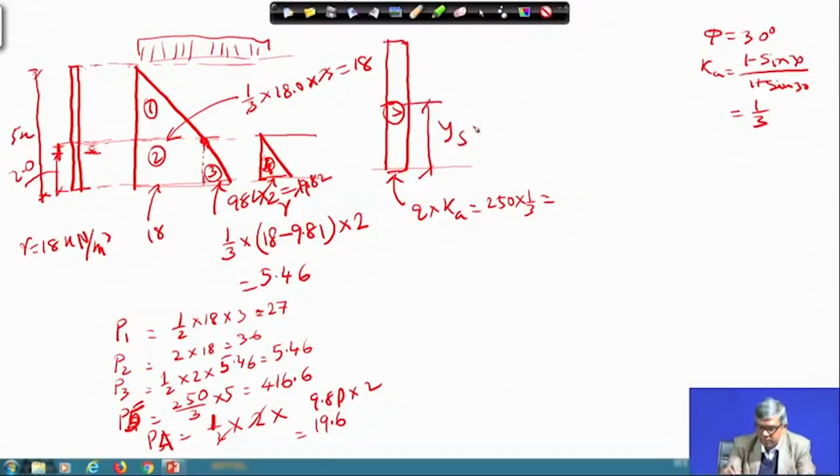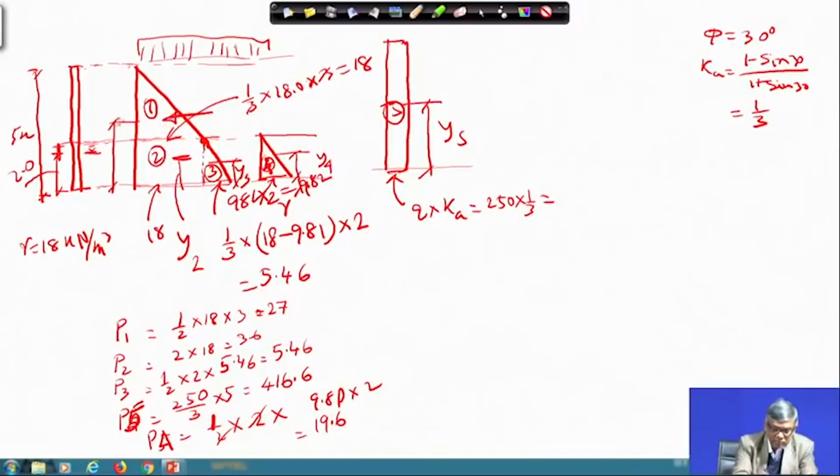And as for the lever arm, suppose this is acting from here, this is y5, and this is y4, and this is y3, and this is acting here, this is y2, and this force acting here, this distance is y1.